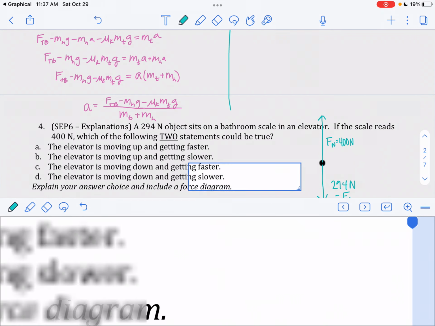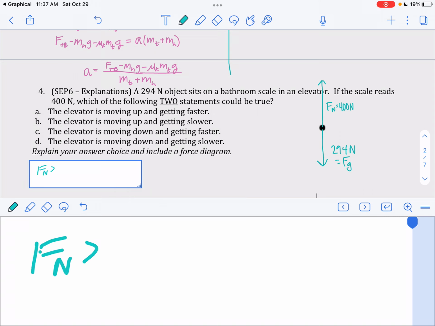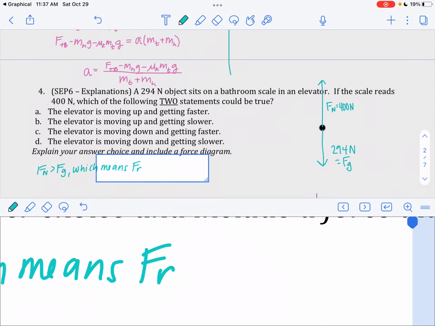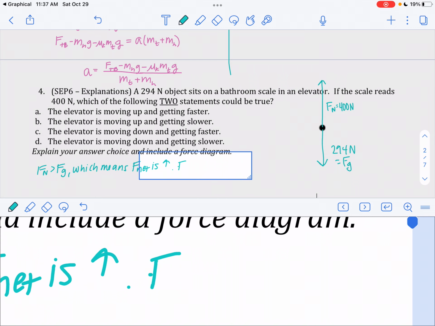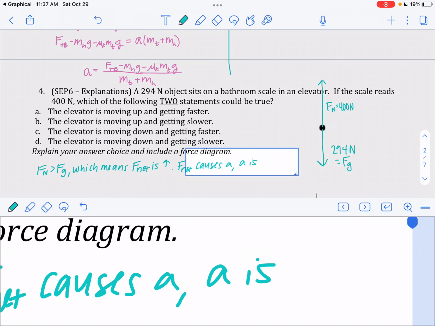And what that tells me, before I even answer a question, I am going to start with what's given to me. So I'm given that Fn is bigger than Fg, which means just by looking at my FBD, I can tell that Fnet is up. And because Fnet causes acceleration, a is also up.